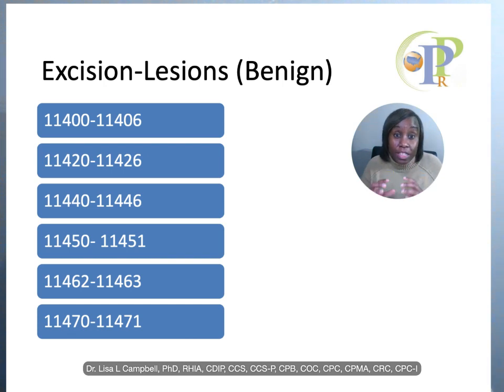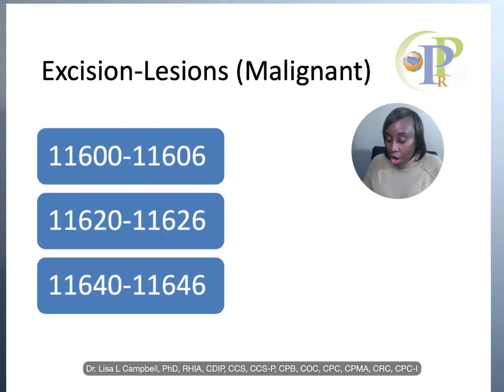The other thing you'll want to note is that the excision codes include simple closure. Our subsection notes let us know that if the provider performs more than a simple closure, additional codes are required. The rules I mentioned for benign, you will also see on page 99 also apply to the malignant lesions.